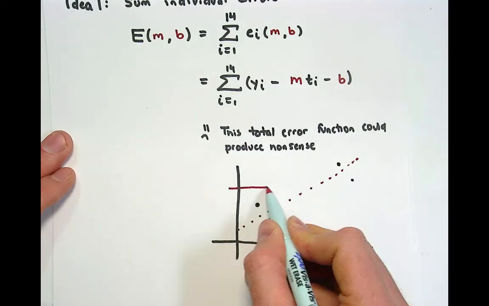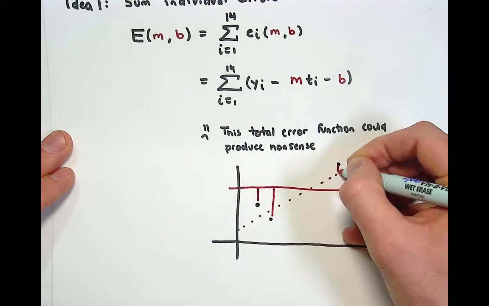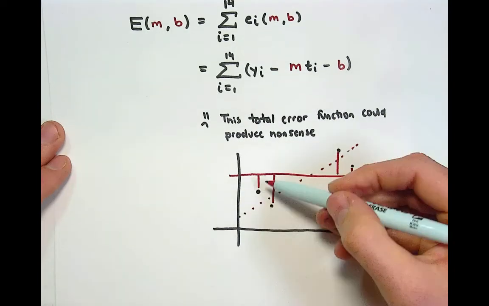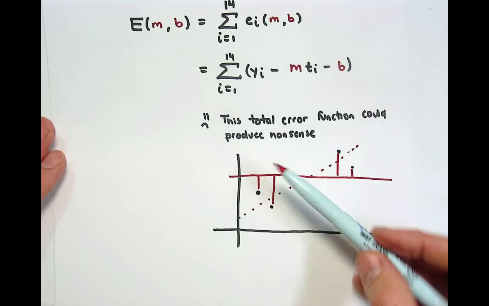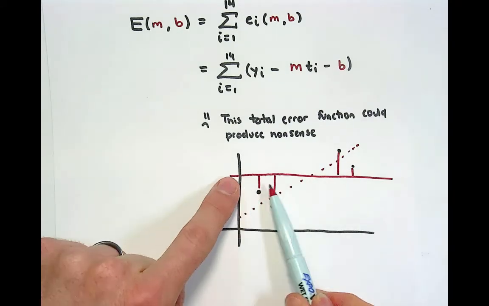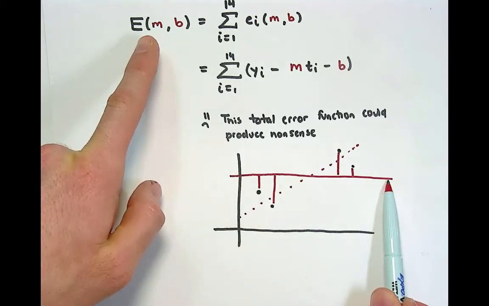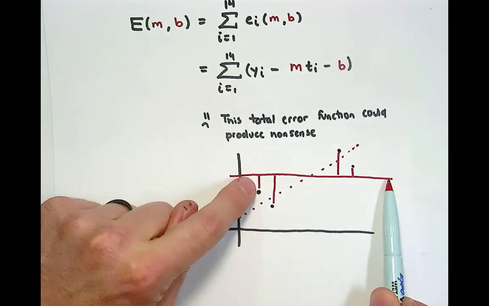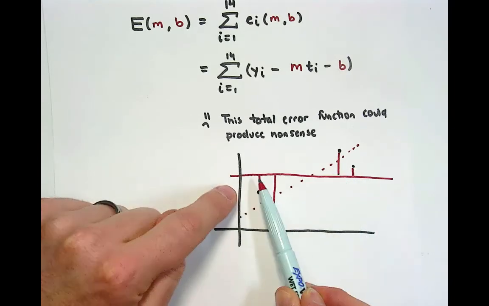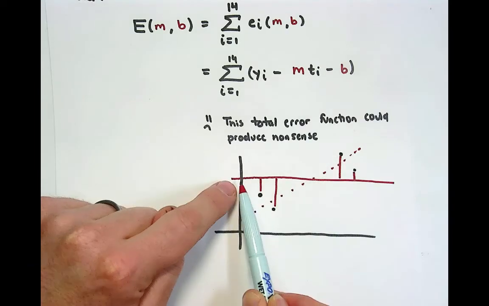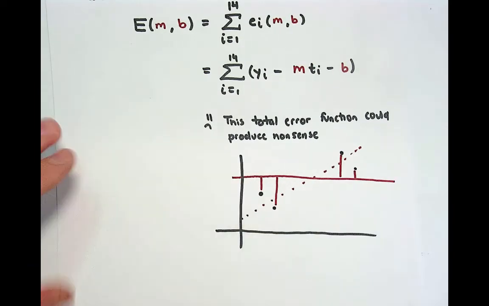But when we look at this total error function, because each individual error could be negative or positive, you could have a situation where you have a complete nonsense model, but the total error measured by this function is 0, because the negative error cancels out the positive error, this negative error cancels out this positive error, and even though the data trends upward, this error function doesn't show that because some errors take away from others.